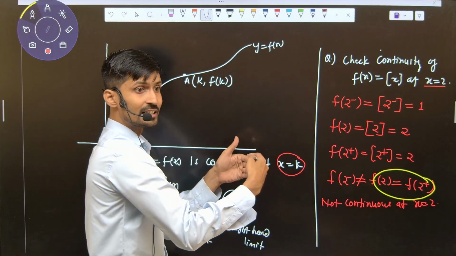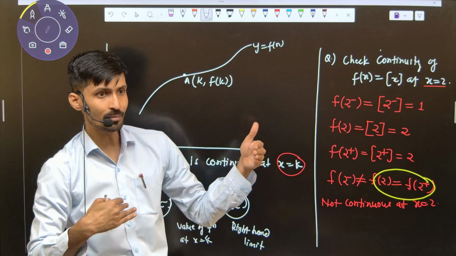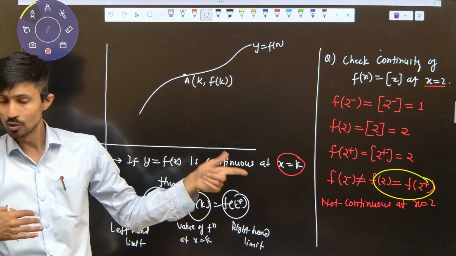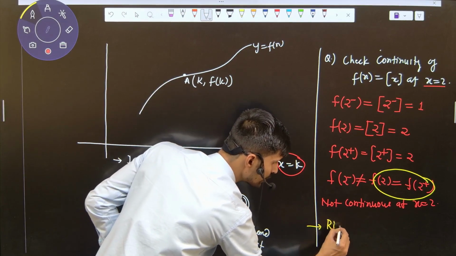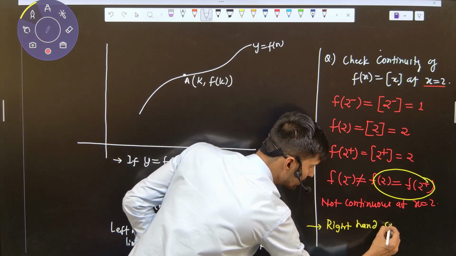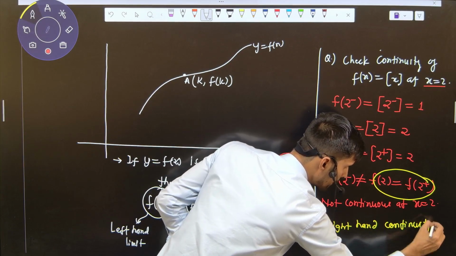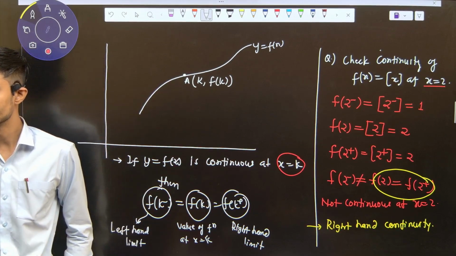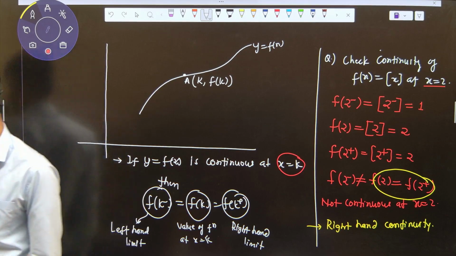It means it is continuous from the right hand side, but discontinuous from the left hand side. So what we can write here? Right hand continuity. Okay. Write it down.